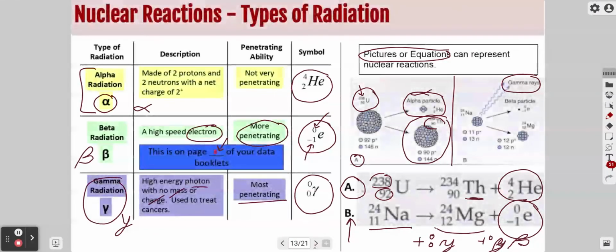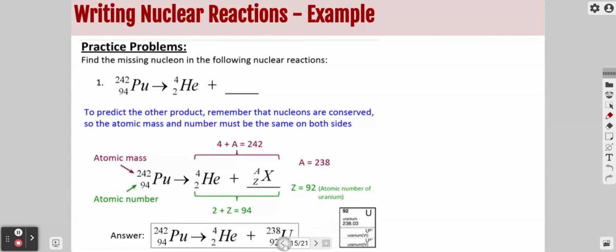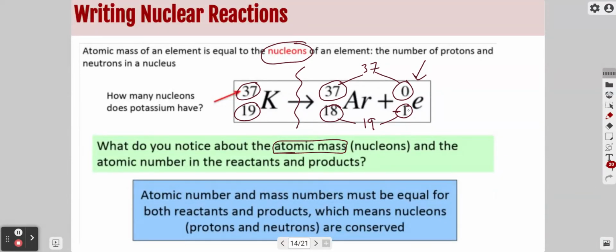You can see the electron has a -1 here for its atomic number. So you've got to watch that. In here, it's actually a -1. So this number here has to be 20, because 20 minus 1 will give us 19.